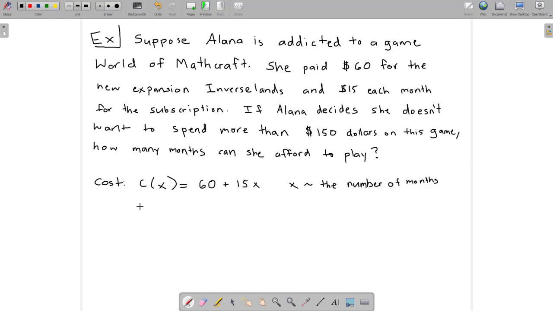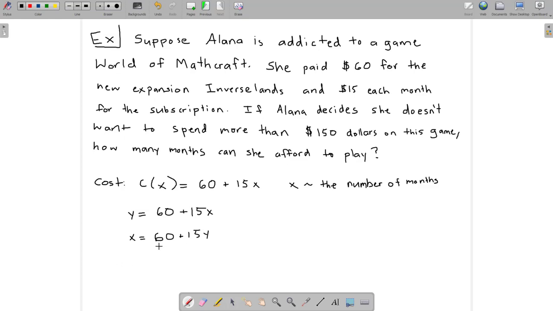So let's replace our c of x with y, and we swap our x and y. So x equals 60 plus 15y. I now want to solve for y.